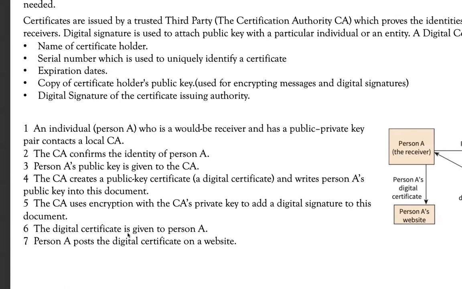This digital certificate, after being created by the certification authority, is given to person A, who will then post it on their website. Among other things, such as the date and a unique serial number, there is person A's identity. Apart from that, we have person A's public key and the digital signature of the certification authority.